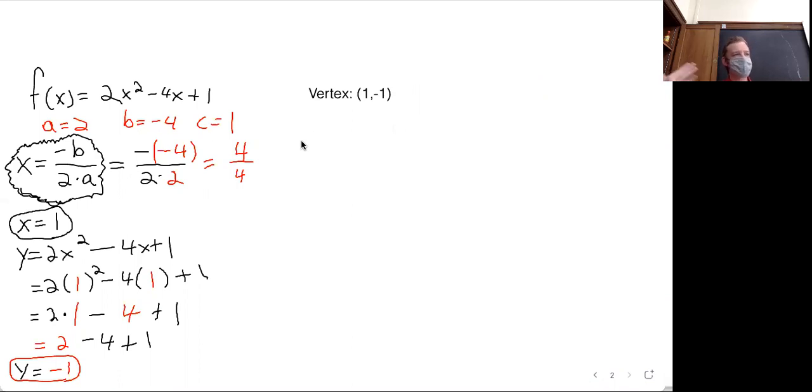I'm asking you for several different things, and it's always important to say what is what. So if you have your vertex here, just say that it's the vertex so that I know that it's not the y-intercept or anything else that we're dealing with. So then next up, we need our axis of symmetry. What is our axis of symmetry for this problem?